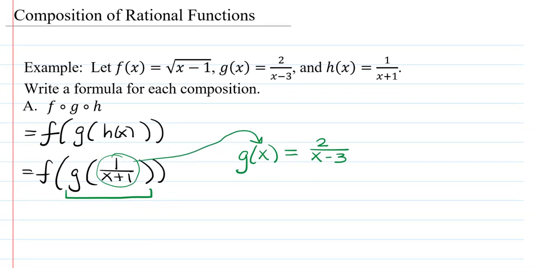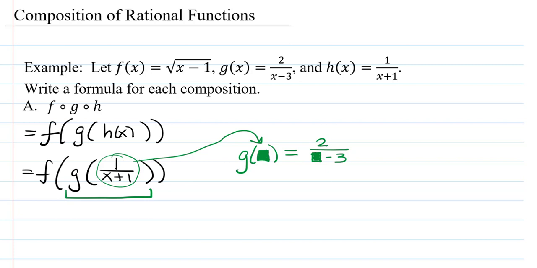This throws people off, I think, because there's an x in the g and there's an x in the expression we're plugging in. So think of this not as an x, but as a little empty box that we're going to fill up with whatever we're being told to package in that box. We're going to package that 1 over x plus 1 in there.